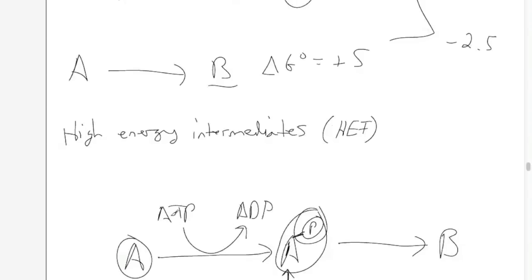Okay, so instead of releasing the energy from ATP hydrolysis into the cytoplasm or just as heat, the energy from ATP hydrolysis is transferred to this molecule, and now we've changed the enzyme kinetics so that this reaction, A phosphate to B, is now equal to a delta G, right, of basically minus 2.5.